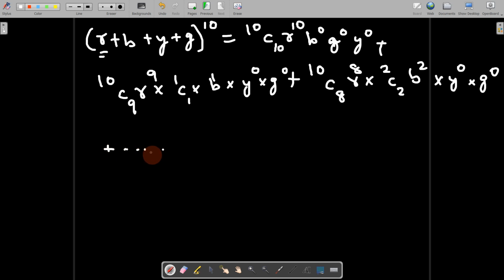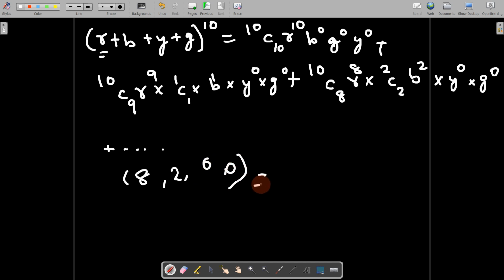Okay, so let us try to see the general formula for one of the terms. Let's see the case where the term is 8 in the red house, 2 in the blue house, 0 in the green and 0 in the yellow house.